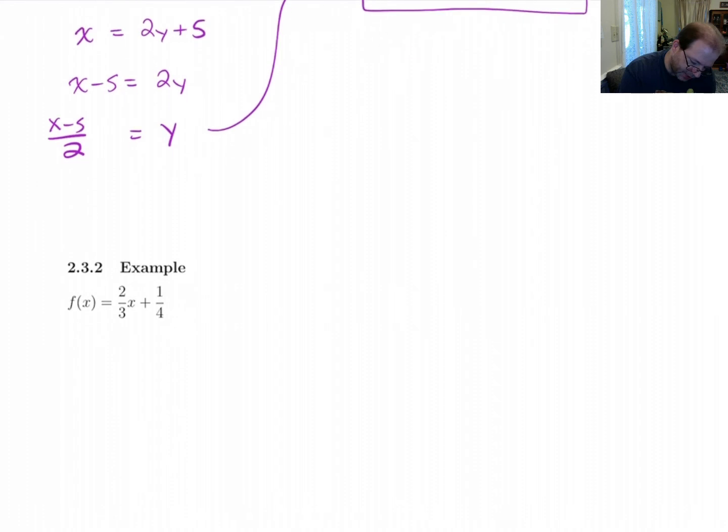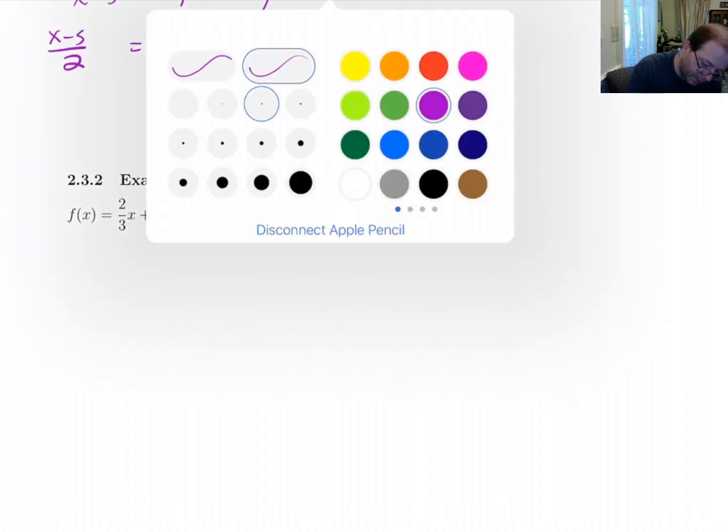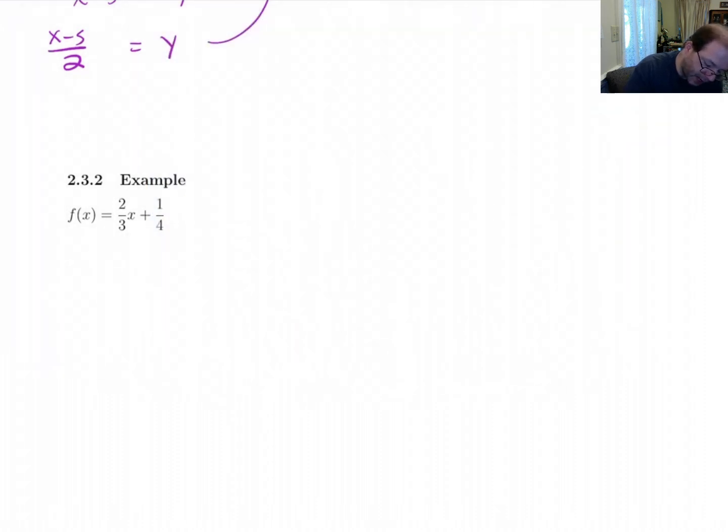Let's look at this next one. f of x equals 2/3 x plus 1/4. Well, first up, replace the f of x with y. Now swap the variables.